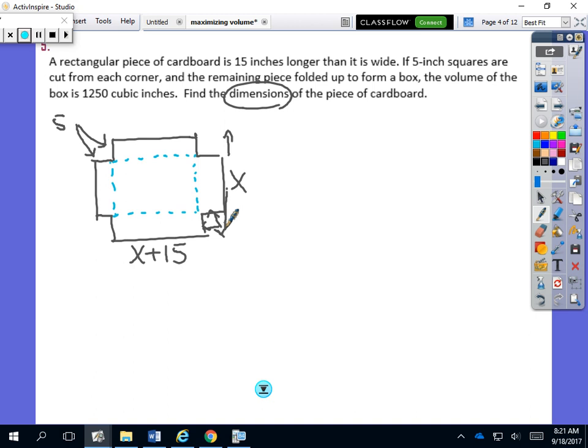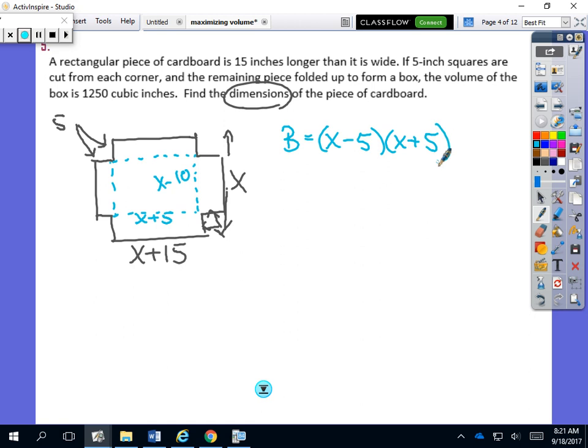The new dimension is going to be x minus 5 plus 5, which is x minus 10. And what about the new length? Well, if I take 5 inches off of each end of that, I'm taking 10 inches off. So if I take 10 away from 15, this is going to be x plus 5. So I know the base is going to be x minus 10 times x plus 5.